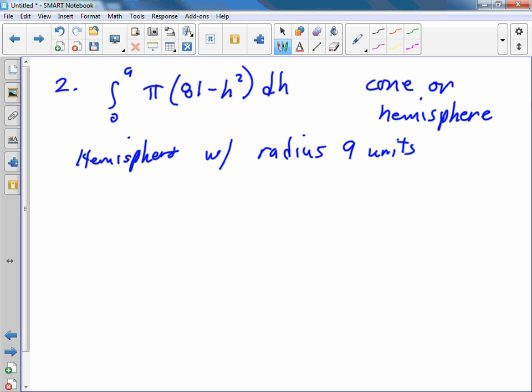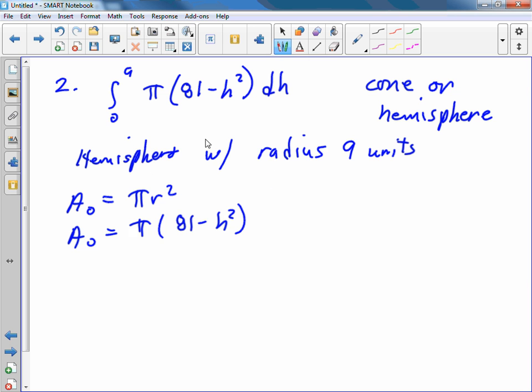You can see that really because the area of a circle is pi r squared. Okay? So the area of a circle equals pi times 81 minus h squared. So this is really a radius, just like the previous problem.